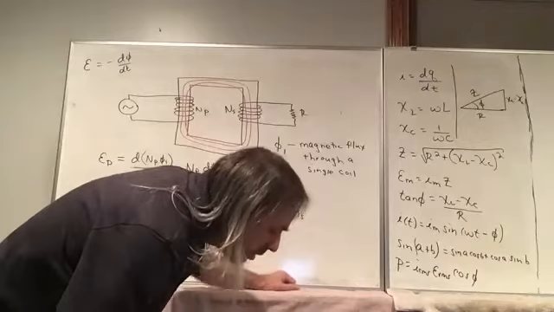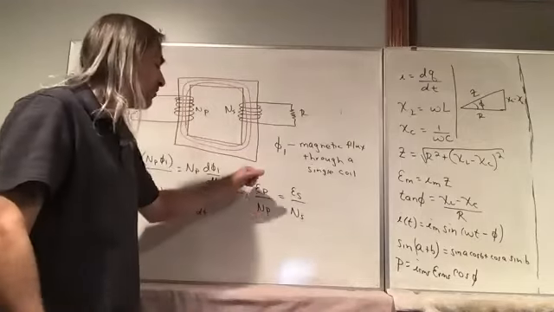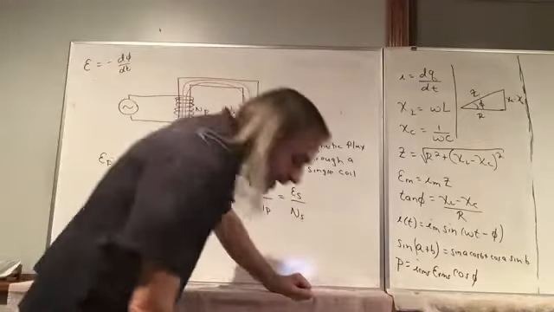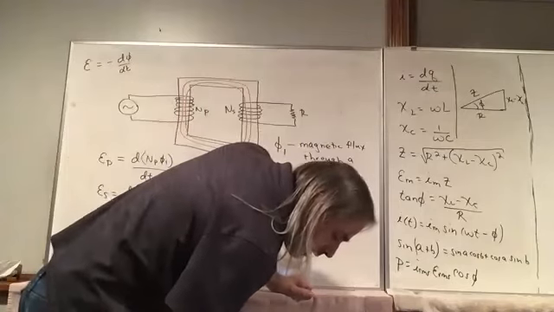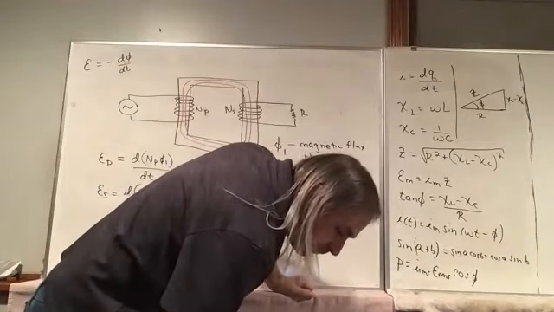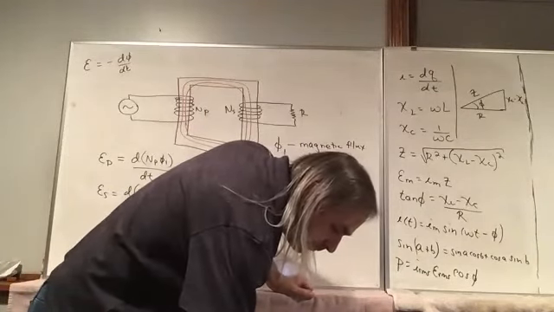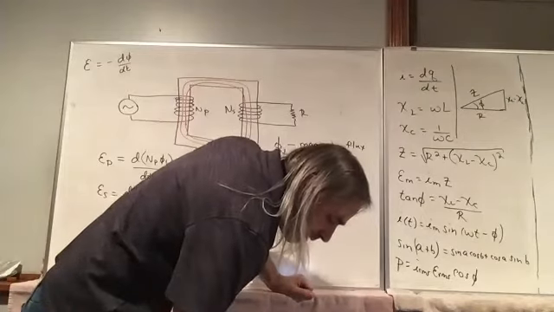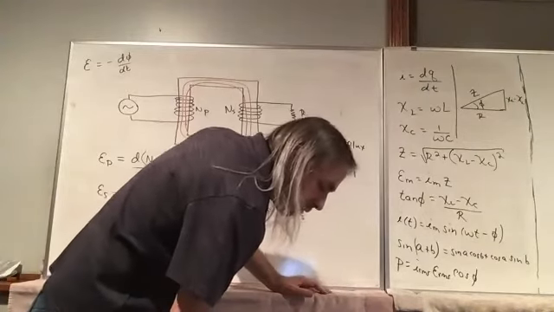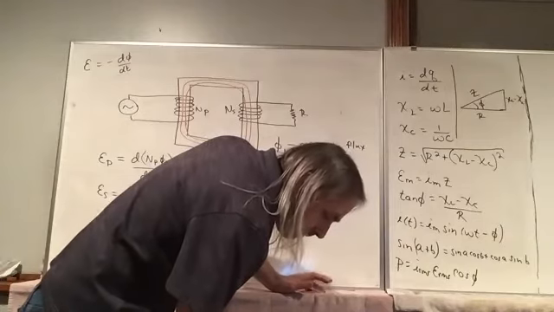There's something called the turns ratio. I never remember what ratio it is, primary over secondary or secondary over primary. I don't think this book mentions it. It doesn't really matter, just a vocabulary thing.